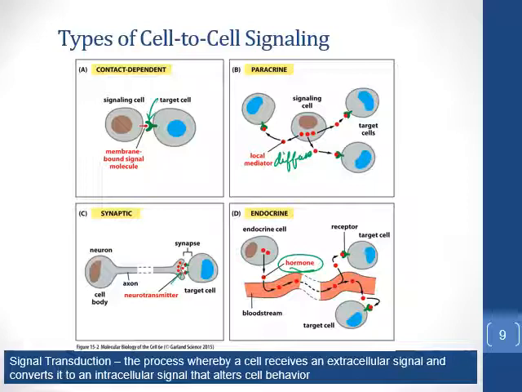The target cell is going to be really close, and in fact they're only separated by a small region, and that region of space is called the synapse. So it's kind of like contact dependent, except you don't have to have direct contact because the neurotransmitter is actually released. It's kind of like paracrine in that it will diffuse, but it's diffusing a very short distance. So those are the 4 different types of cell-to-cell signaling.